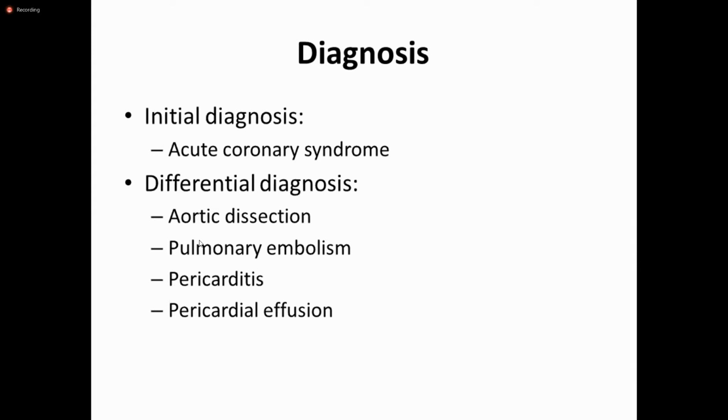Based on the symptoms, how can you differentiate between acute coronary syndrome and aortic dissection or pulmonary embolism? If you're thinking about an aortic dissection, what should you ask? Any symptom you need to ask the patient?